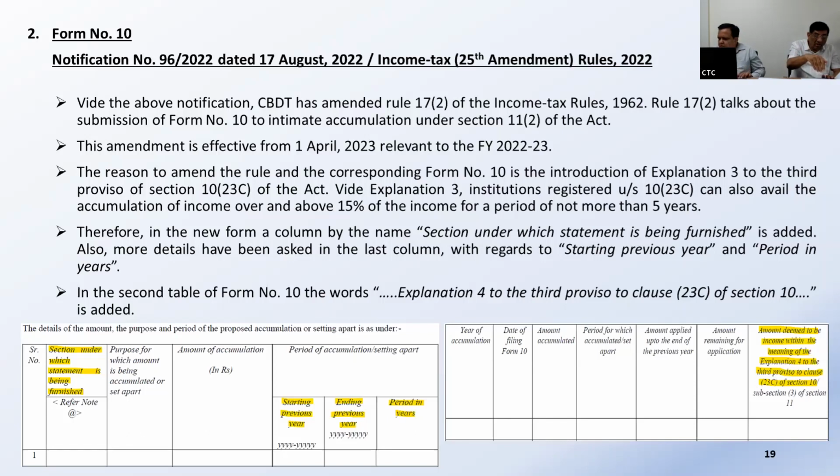For claiming section 10(23C) and 11 exemption, there are conditions to be followed. One of the conditions is maintenance of books of accounts, in the tenth proviso of 10(23C) and in 12A(1)(b).